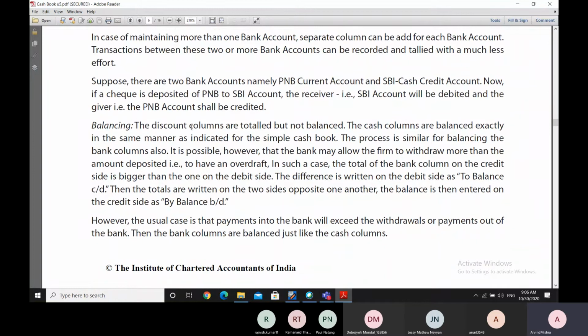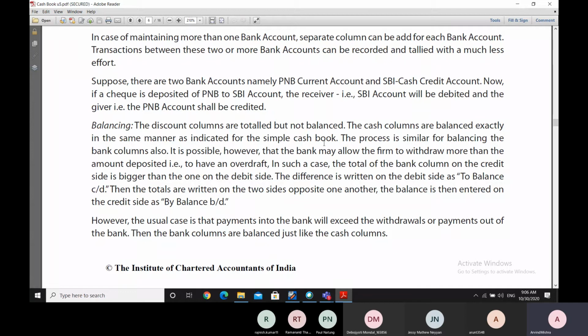We have noted one important thing, that discount columns are never balanced and they are just totaled. The cash columns are balanced exactly in the same manner as balancing has been indicated earlier by us for a simple cash book, because in a simple cash book, there is no discount column.